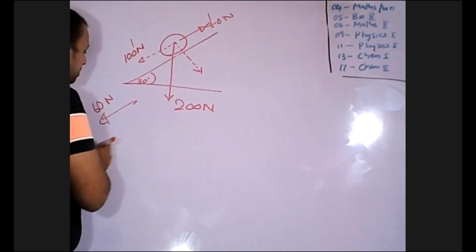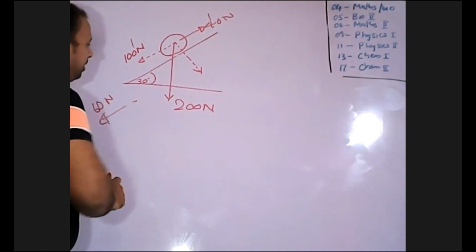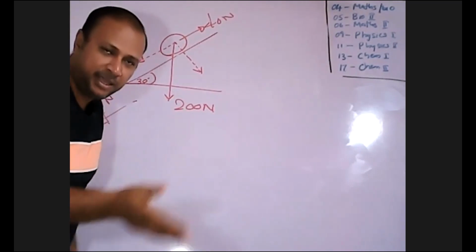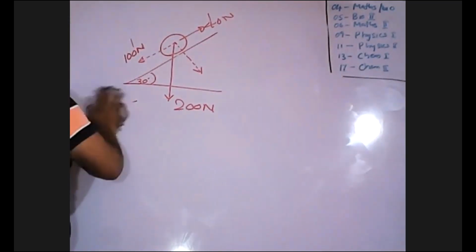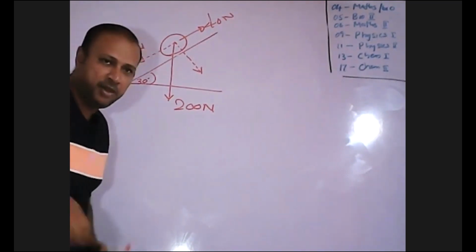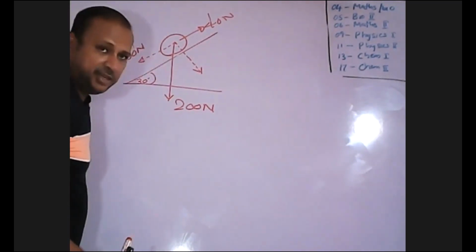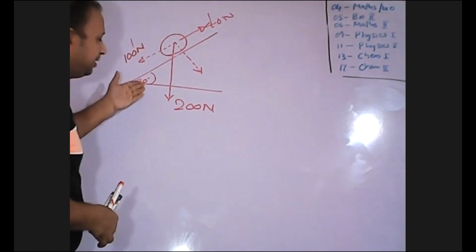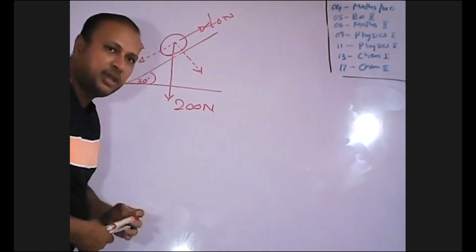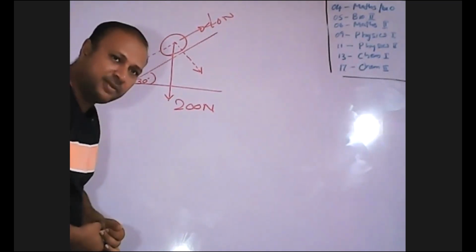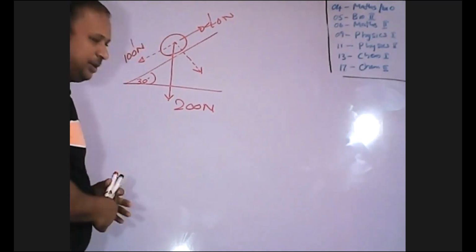Sir, how can we know it's 100 Newton? Actually, I know the result because I have simplified. Otherwise, you can simply remember this is equal to mg sin theta. Theta is 30. Therefore, mg sin theta means 200 into half, that means 100.